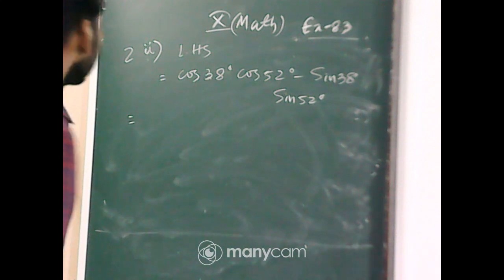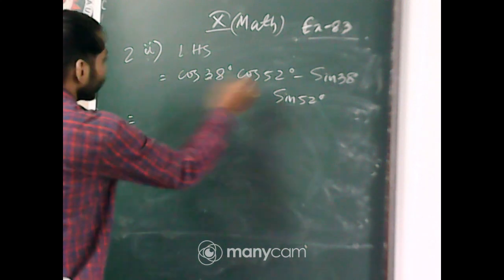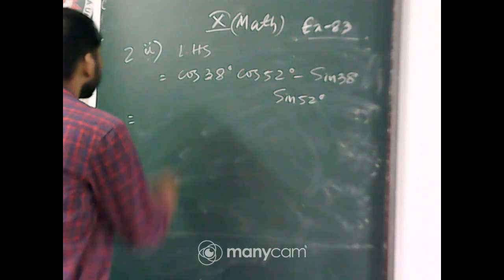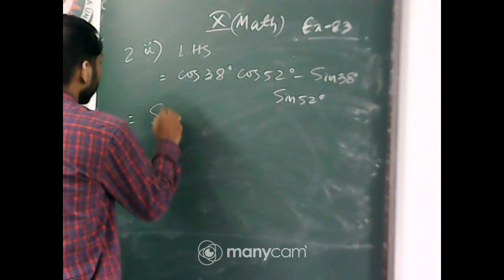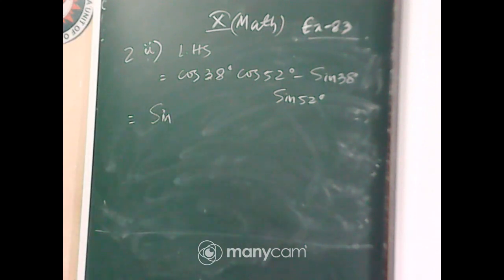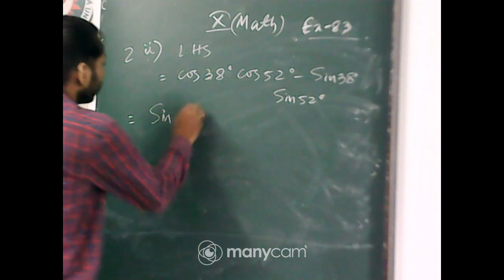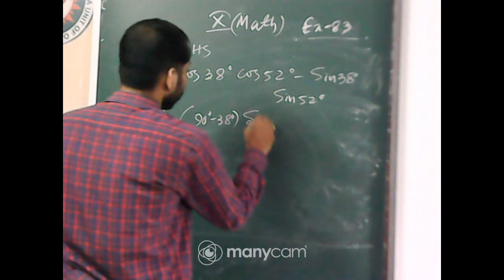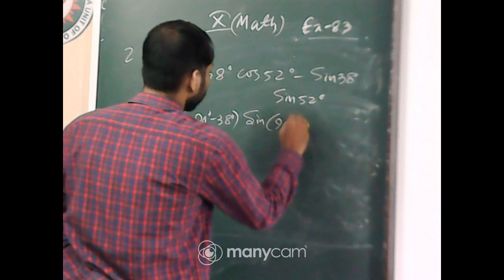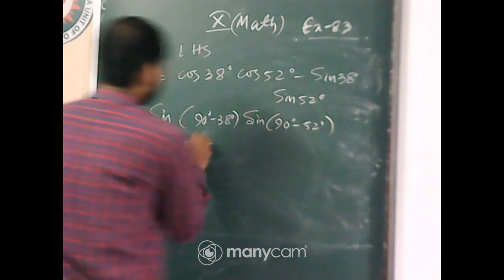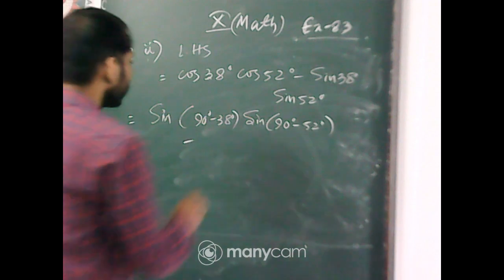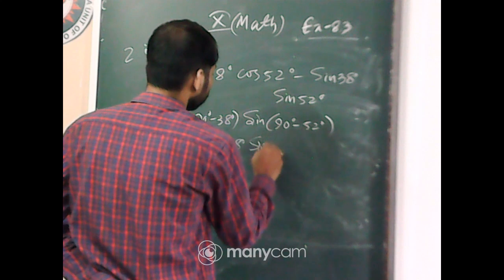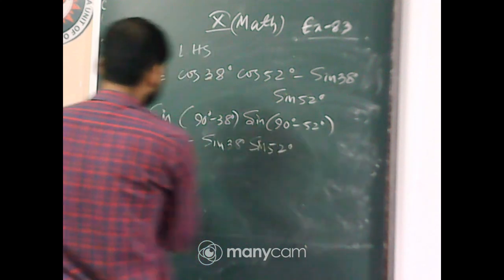Now in this problem again we will change the first two and keep the last two as it was. Okay, so cos 38 degree, the complementary relation between sine and cos, you know that. So sin 90 degree minus 38 degree into sin 90 degree minus 52 degree, and the next two will remain unchanged, minus sin 38 degree into sin 52 degree.